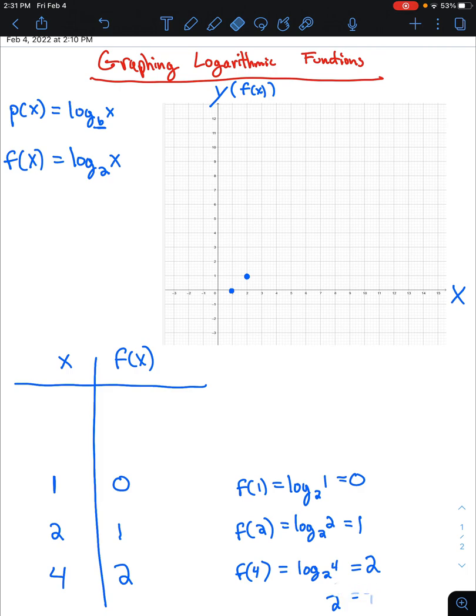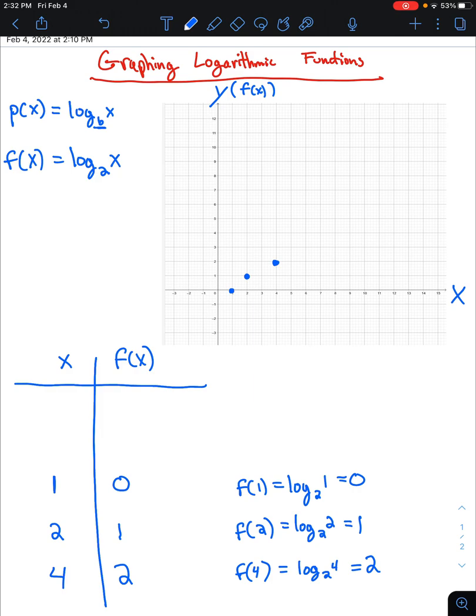Okay. So notice how I'm picking my inputs so that I get really easy points to plot on my graph. If I'm making a graph by hand and I don't really want to have to guess with decimals, I want nice integer values, I need to do a little thinking about what a logarithmic function means. What points should I plug in so that I get nice integer outputs? Okay, and this is going to continue.